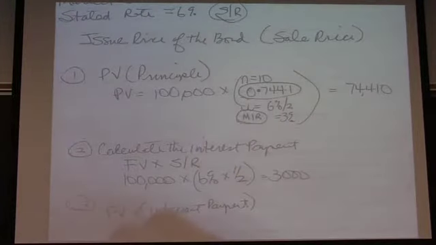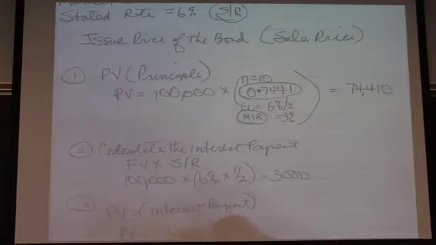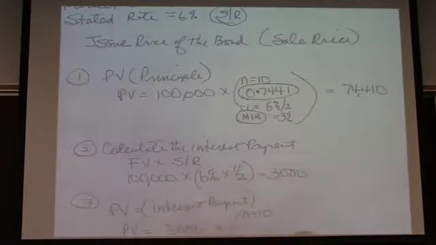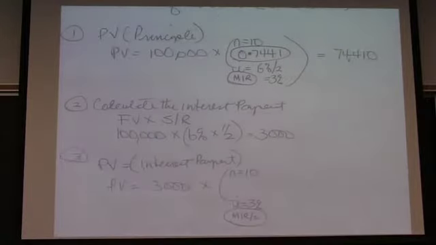So we're going to present value the 3,000, and in this case, we want n equals 10, I equals 3%, which is the market rate divided by 2. Okay? And they can be found again on the table, but in this case, it's going to be table 2.